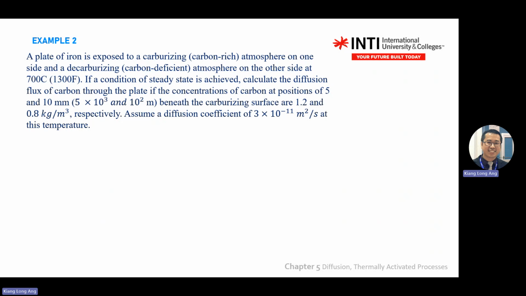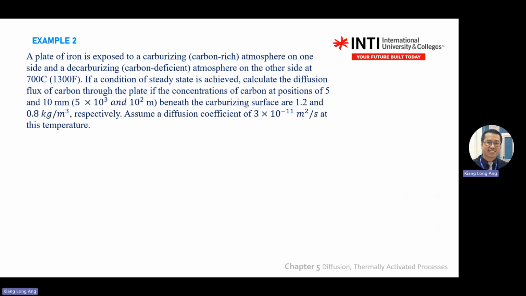A plate of iron is exposed to a carburizing process, a carbon-rich atmosphere on one side and a decarburizing atmosphere on the other side. If steady state is achieved, calculate the diffusion flux of carbon through the plate.